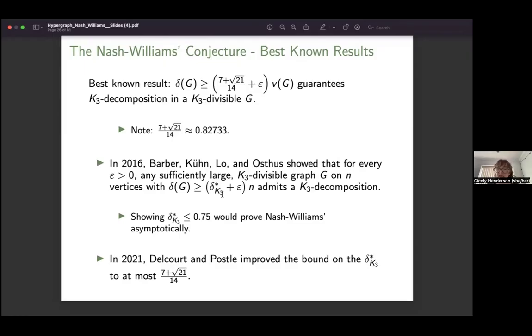In particular, this implies that showing that the fractional decomposition threshold is at most 3/4 would prove the Nash-Williams conjecture asymptotically. So this is what I mean by tying the decomposition threshold to the fractional decomposition threshold. And then in 2021, Delcourt and Postle improved the bound on this fractional threshold to at most the constant seen here.